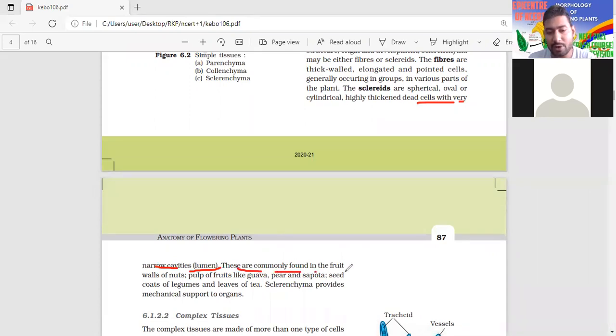These are commonly found in the fruit walls of nuts, pulp of fruits like guava, pears, and sapota, seed coats of legumes, and leaves of tea.